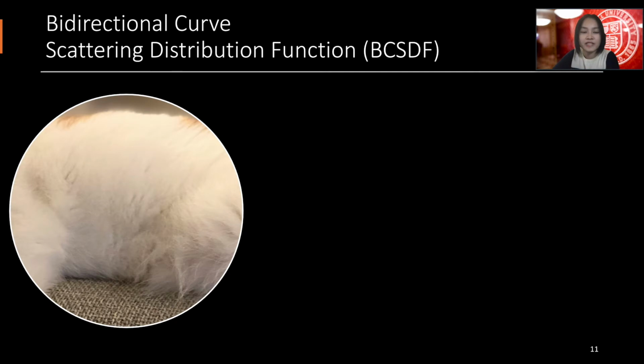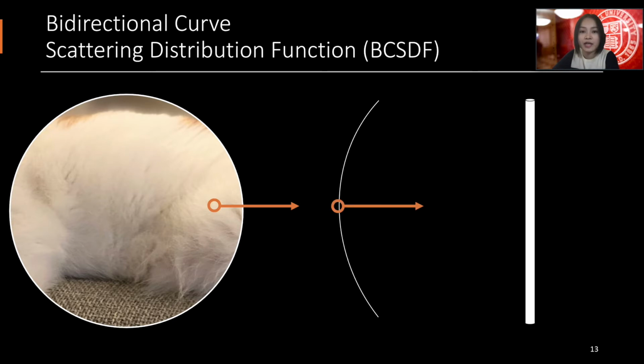Before going into our method, let me briefly give some background. We consider each fiber independently and construct a bidirectional curve scattering distribution function, abbreviated as BCSDF, to characterize how light scatters on the fiber. We assume that all the fibers are locally straight of uniform cross-section so that we can model them locally as homogeneous infinitely long cylinders.